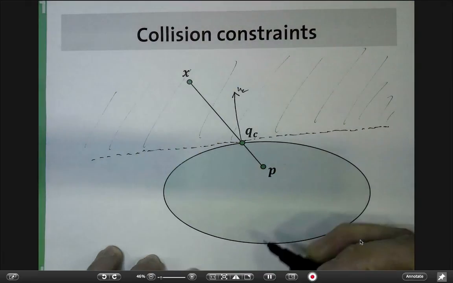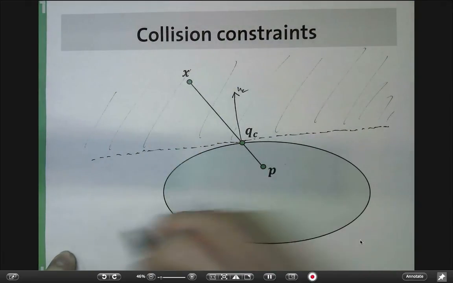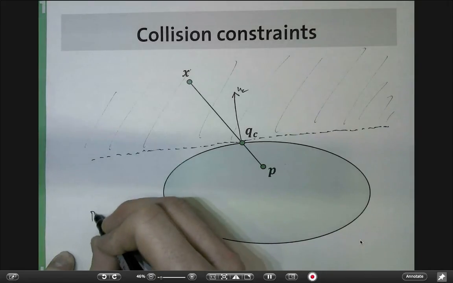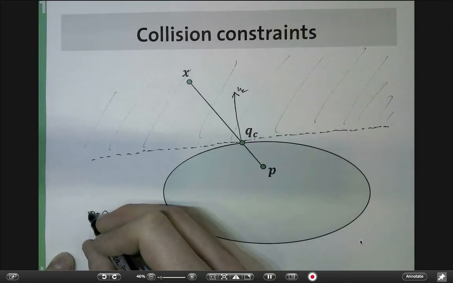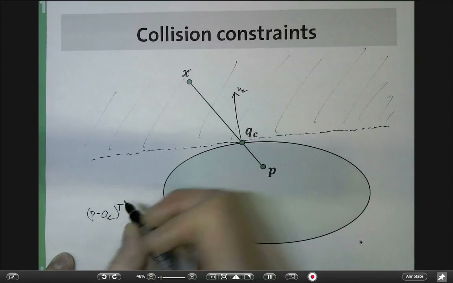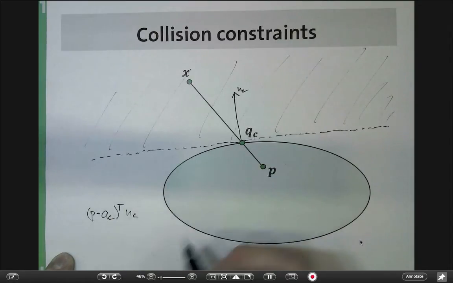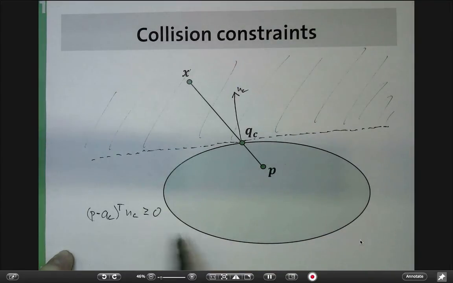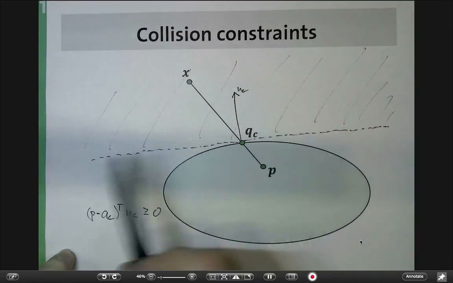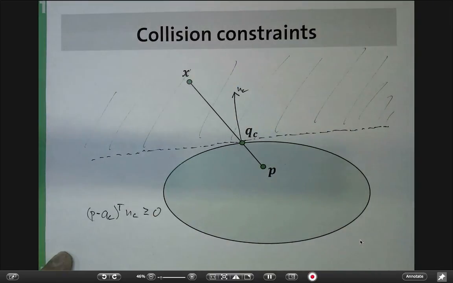Mathematically, I can express it by computing the dot product of P minus QC times the normal, and I want this to be positive. This is an equation of this half space where it's okay for the particle P to be, right?